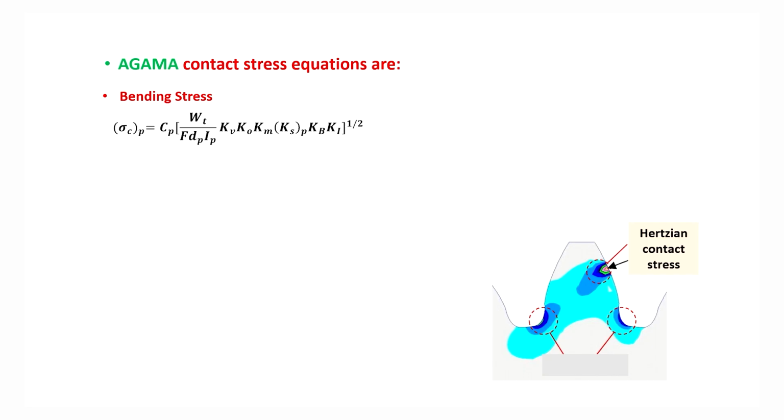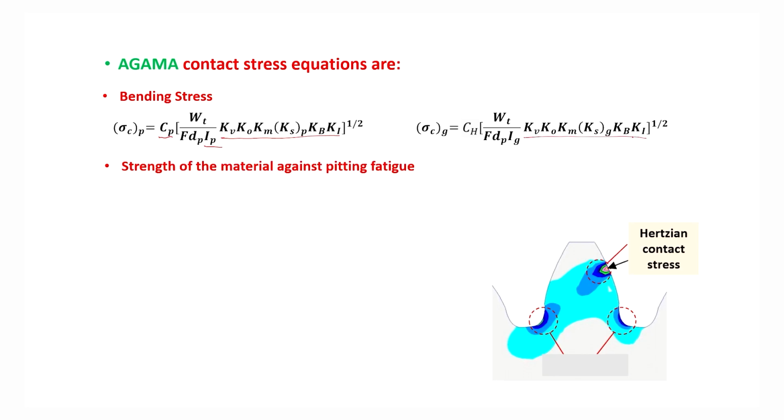And for the contact stresses, the contact stress equation is like this. This is equal to the elastic constant Cp times the geometry factor for pitting resistance, and all these factors are very much the same as were used for the case of bending stress. The strength of the material against pitting resistance or surface fatigue for the pinion is obtained from the AGMA materials data, and this is corrected by the life correction factor, temperature correction factor, and reliability correction factor.